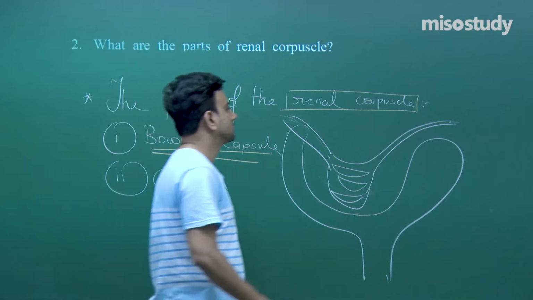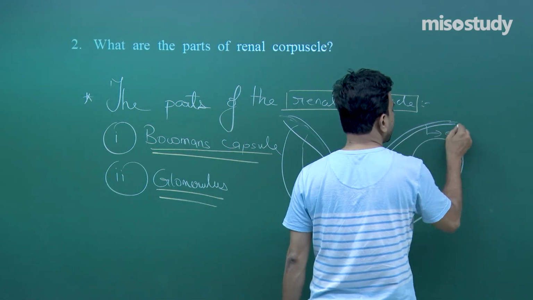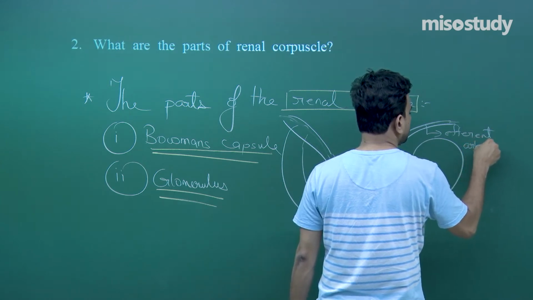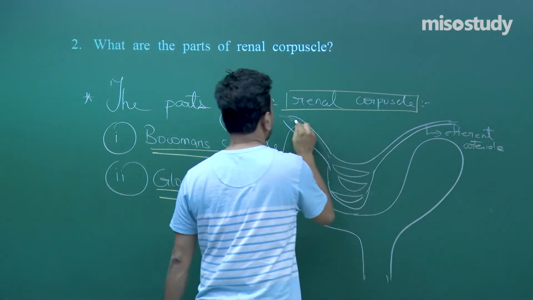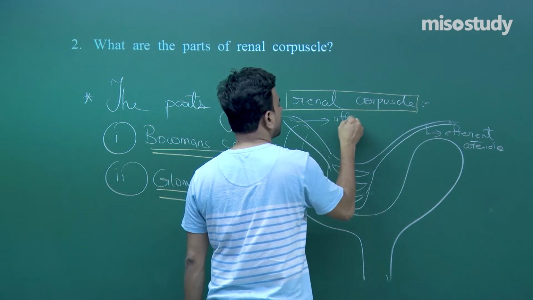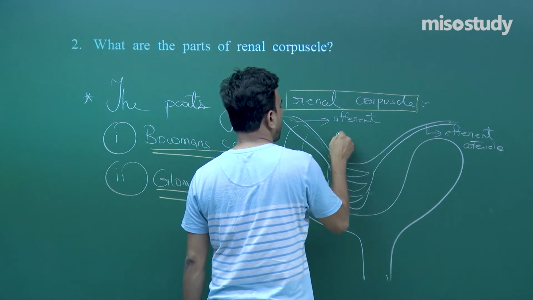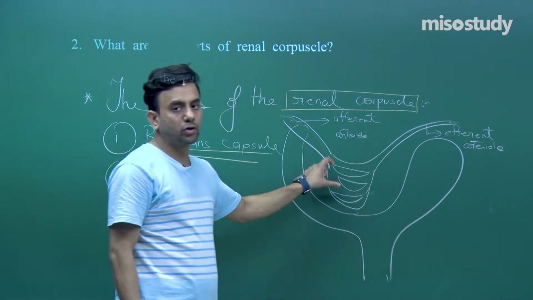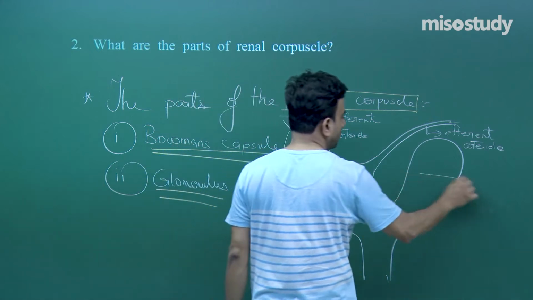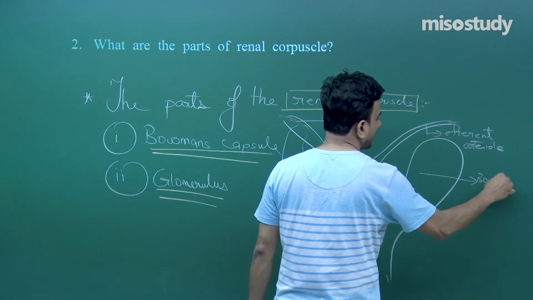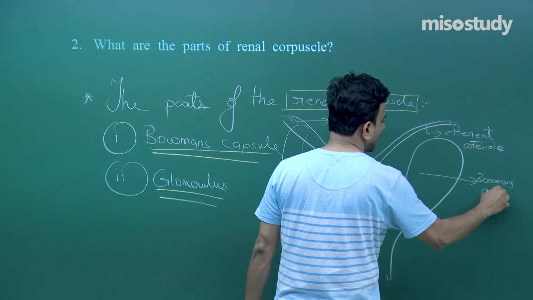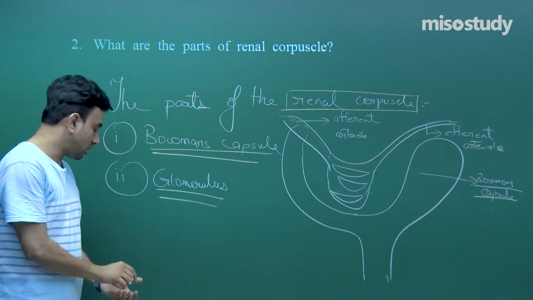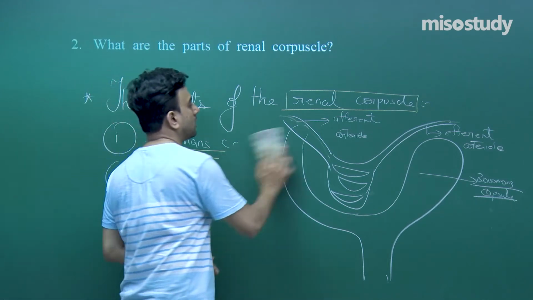The efferent arteriole and the afferent arteriole. So, this is the glomerulus, this is the Bowman's capsule, and the whole thing together will comprise what we call the renal corpuscle or the Malpighian corpuscle, right?